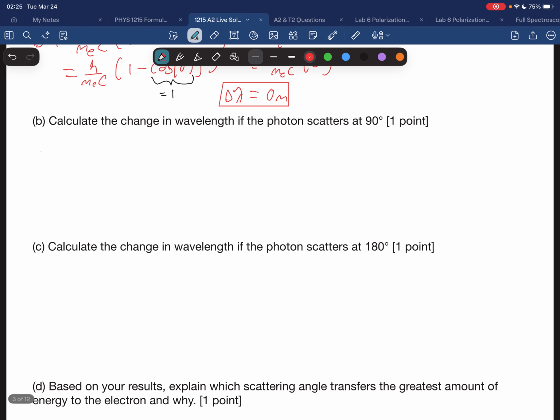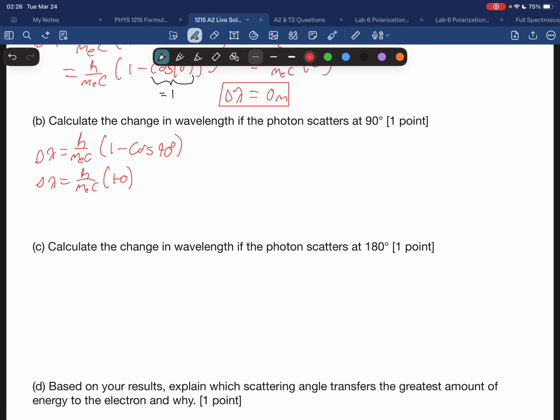For B. So this time, same question, but with 90 degrees. Let's go ahead and sub in what the cosine of 90 degrees is equal to, and that is 0.